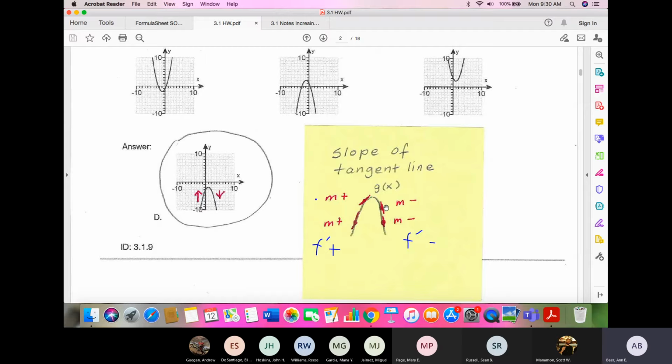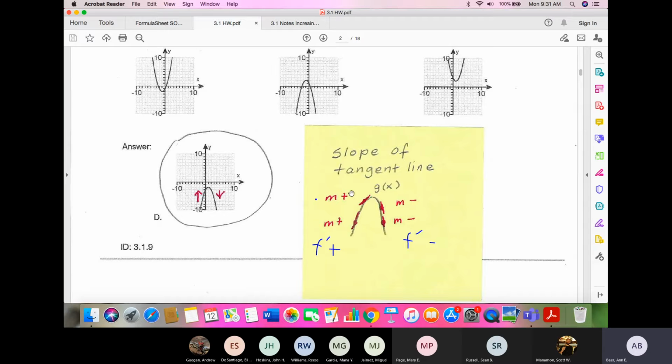If we look on this side of this relative maximum here, we will draw a tangent line here and here. You would notice that these are going down from left to right. Their slopes turn out to be negative. If you pick 2 points on each line and calculated the slopes, they would be negative.